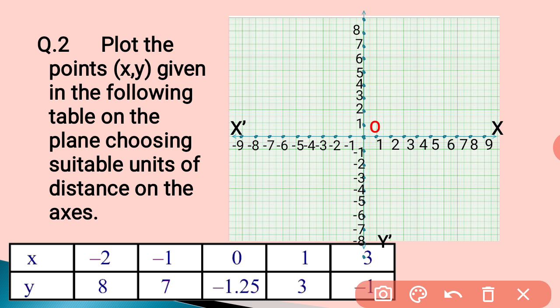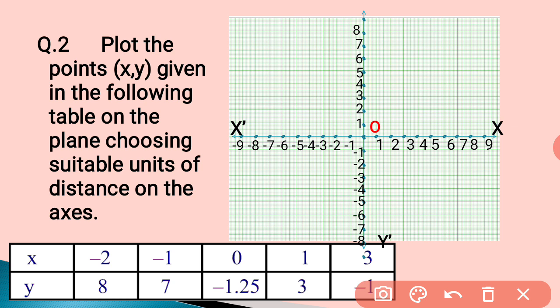With this, we can move to the next sub-question, that is 0, -1.25. Now it is the y-coordinate that is given, so the point will lie on the y-axis. It is on the negative side of the y-axis, that is below the x-axis. It is -1.25. Now we won't get the second decimal here, so we are just considering the first decimal.